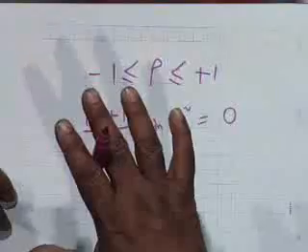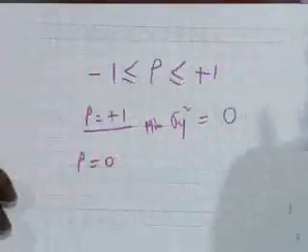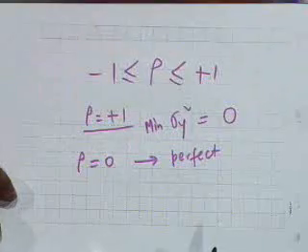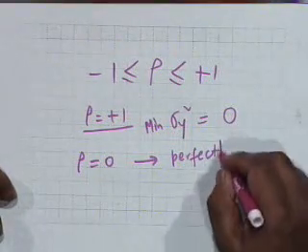This is the physical interpretation of rho equal to +1. On the other hand, if rho equals 0, that means nothing of x of t is retained in x of t plus tau. So they are uncorrelated.